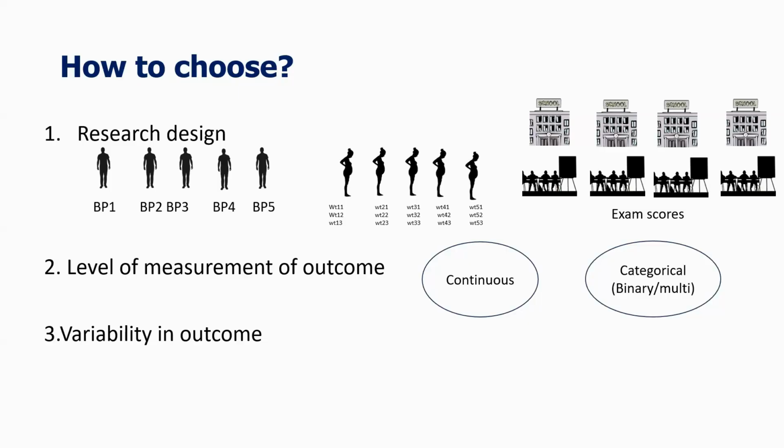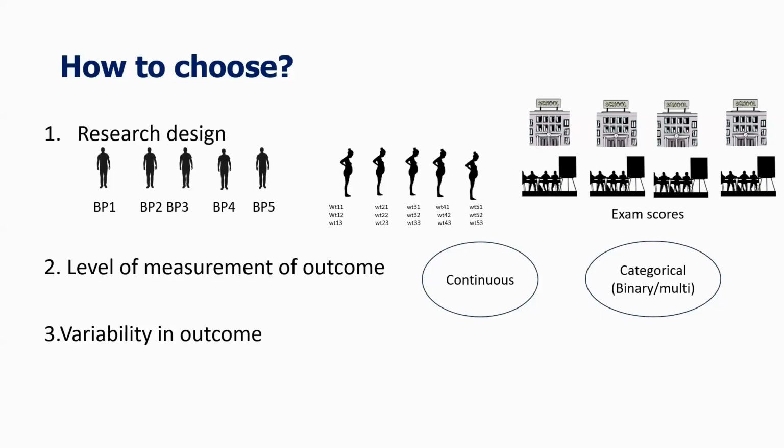Then the second criterion that we look at is the level of measurement of the outcome, whether our outcome is continuous. And within continuous, we also look at whether it is skewed or not skewed. Then categorical outcomes, whether it is binary, only two category outcomes, like we discussed: success, failure, cured, not cured, disease, not disease, or whether there are multiple categories like low, medium, high.